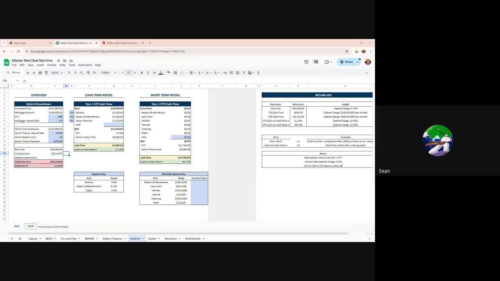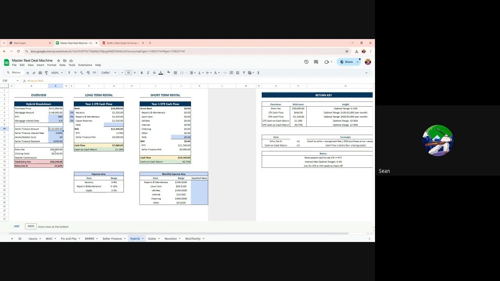All right. So as an example, in this situation, this entire page is what it looks like for the buyer. Our buyer is going to have a total purchase price of $302,000. That's because we added a $10,000 assignment fee. The mortgage stays exactly the same. The seller finance amount stays exactly the same.